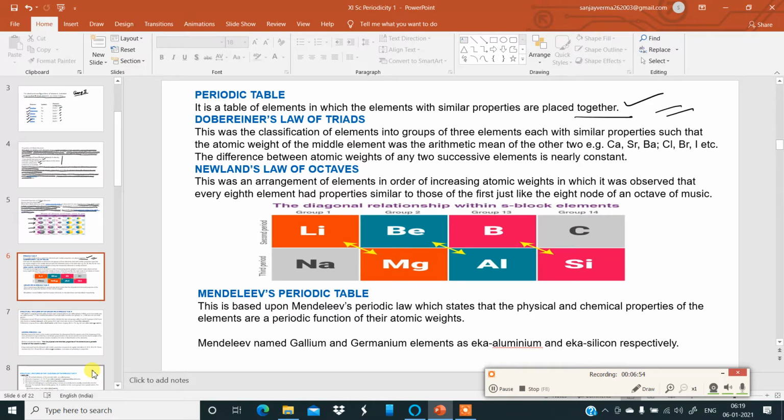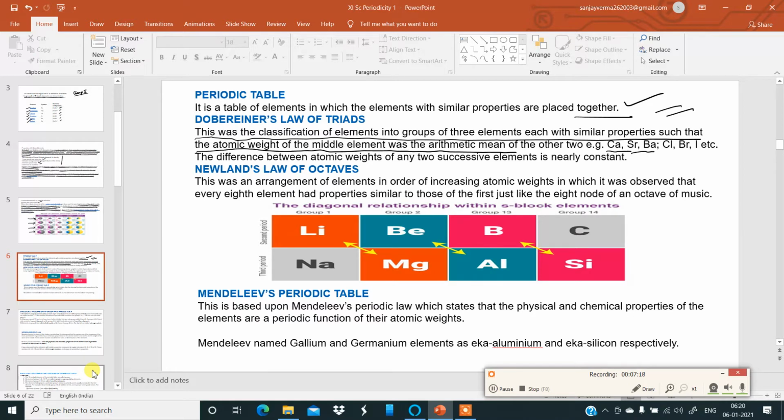A long time back, there was Dobereiner who studied the elements and he grouped the elements in triads. This was the classification of elements into groups of three elements, each with similar properties, such that the atomic weight of the middle element was the arithmetic mean of the other two elements. Example: calcium, strontium, barium.